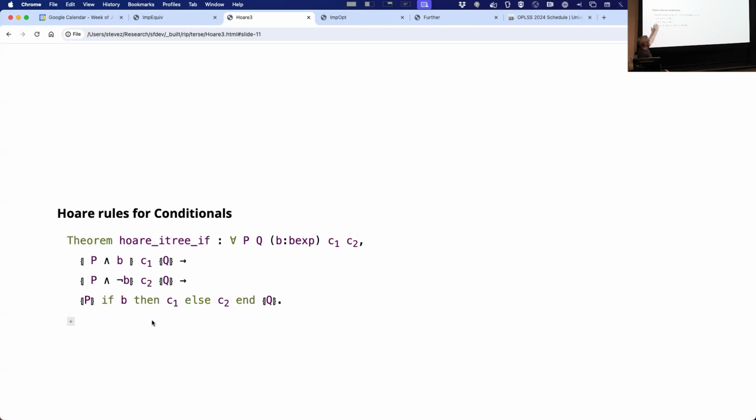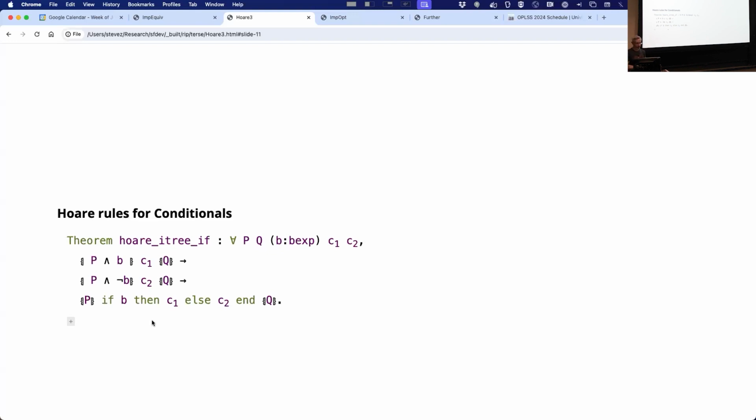So you can write very natural looking things. But there is a little bit of, and even and here, this is a lifting of propositional and over state predicates. So there's a bit of notational magic going on here.